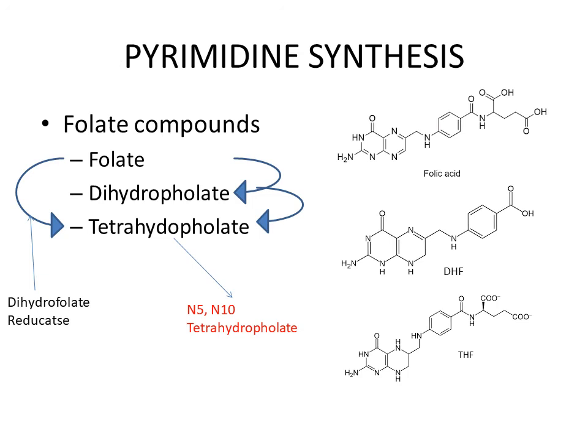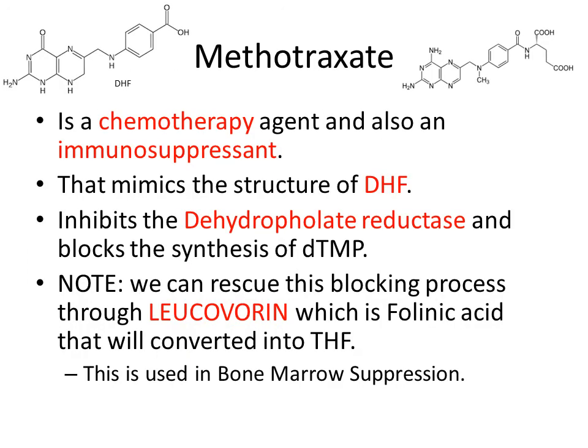Like we have seen in my previous video for folate, how we can make N5,N10-methylenetetrahydrofolate and the activity of dihydrofolate reductase. Today we are going to see medication related to these compounds and enzyme. The drug we are going to see is methotrexate, which is a chemotherapeutic agent and also an immunosuppressant that mimics the structure of DHF.